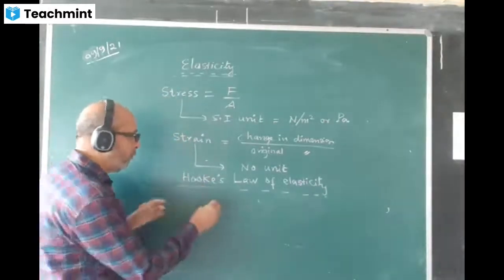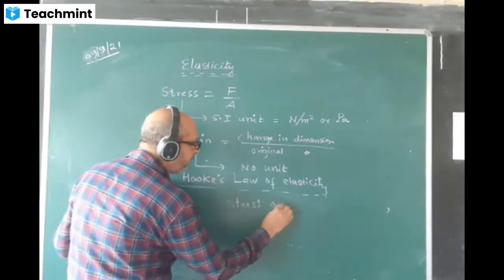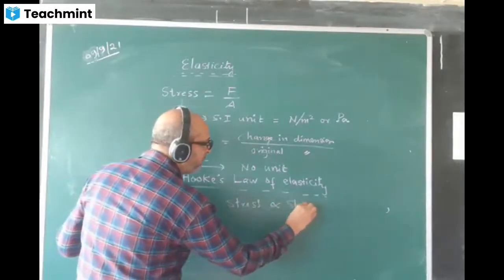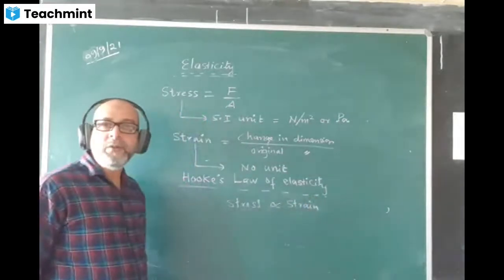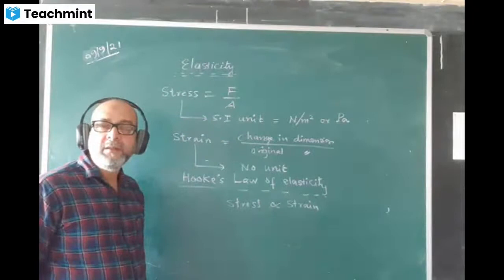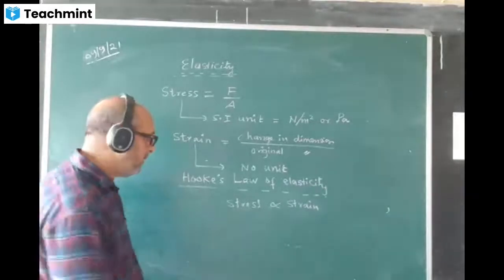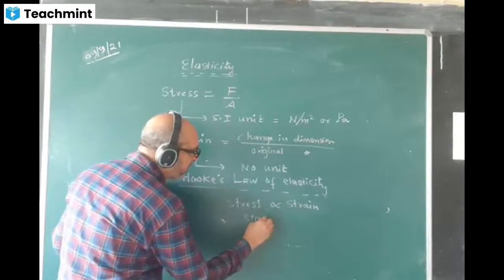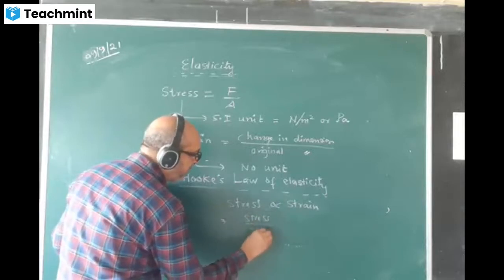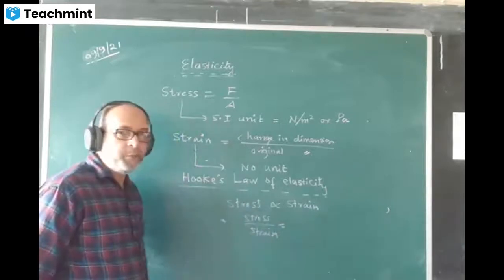He said that stress is directly proportional to strain. And what is the limit of this? Within the elastic limit. So we can write stress by strain equal to a constant of proportionality.